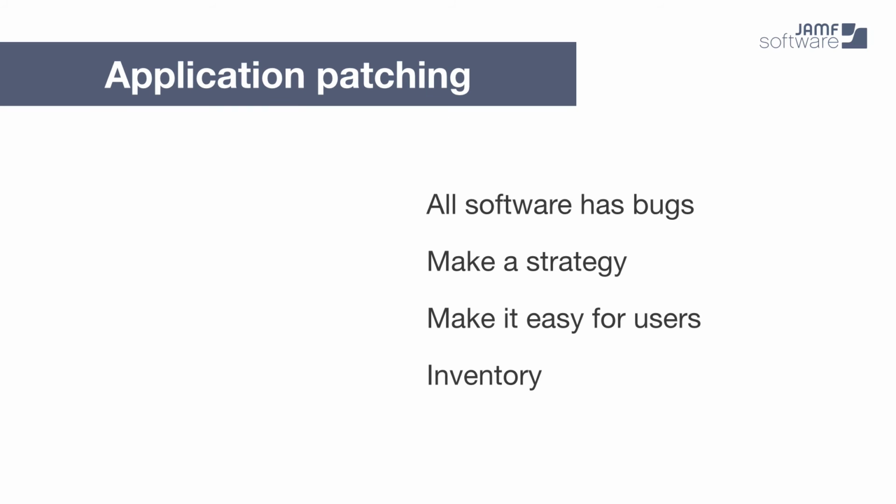So the most important thing with patching is that you have a strategy, whether that's you're going to roll out an update as soon as it's available, or you're going to have a weekly or a monthly patching cycle when all of the apps across your organization are updated. Whatever that is, make a strategy, get your users to buy in, make it as easy as possible for them.